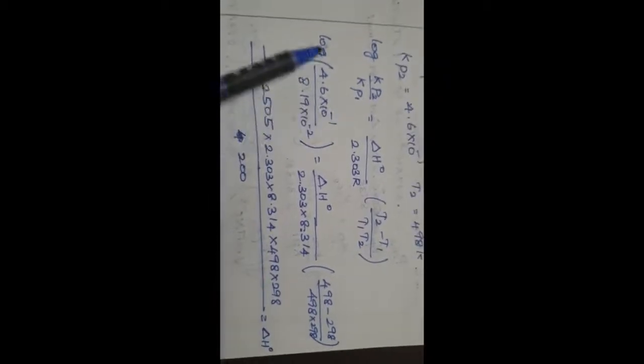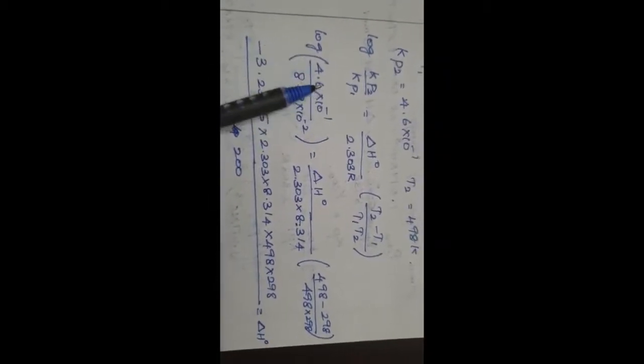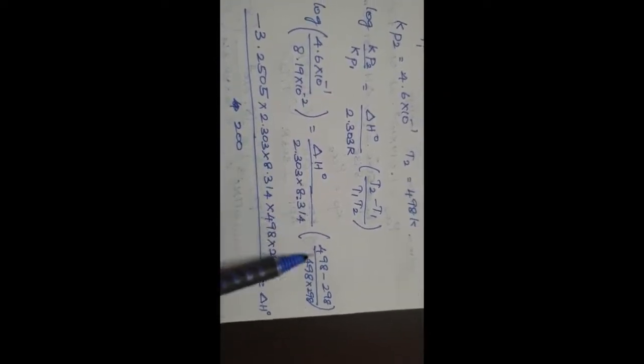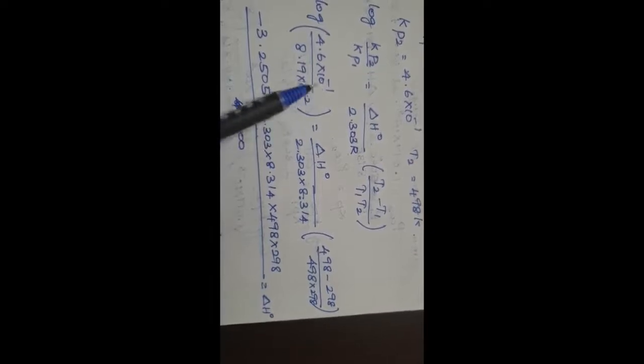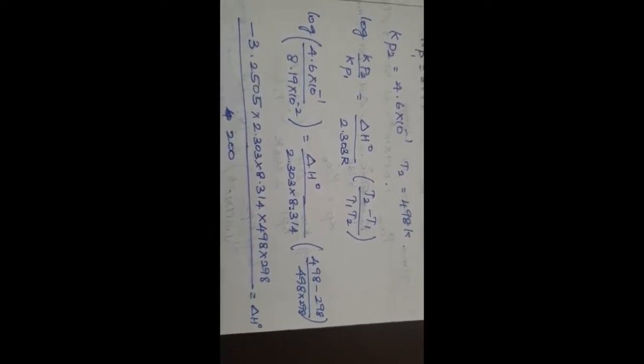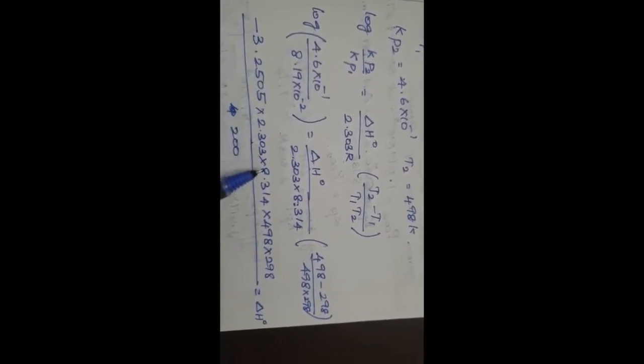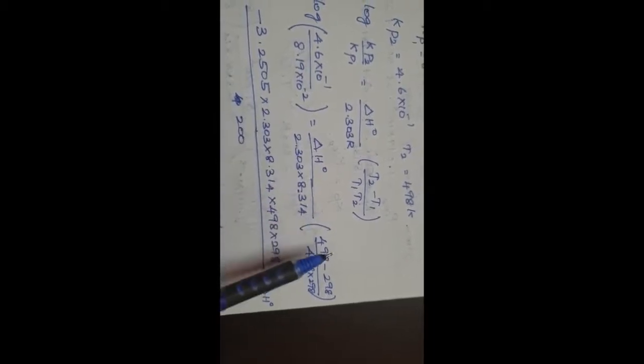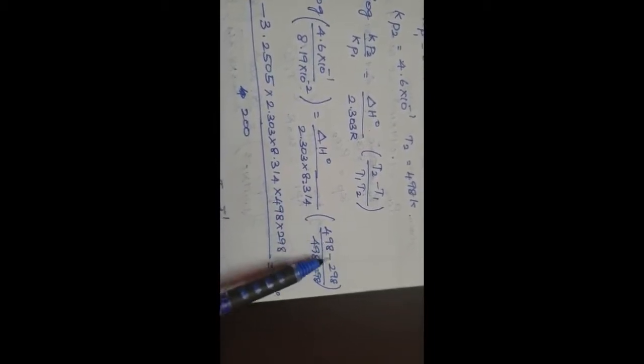Then simplify this whole term, the log of this value, and we will get minus 3.2505. Then take all this denominator to the left hand side, means this log value into 2.303 into 8.314 into 498 into 298 divided by 200.